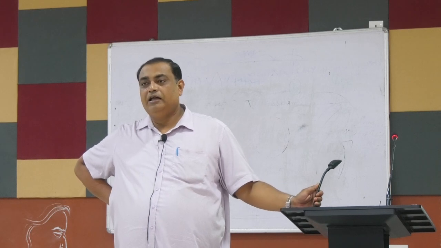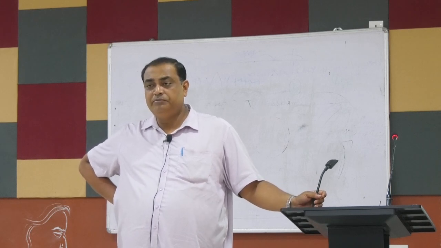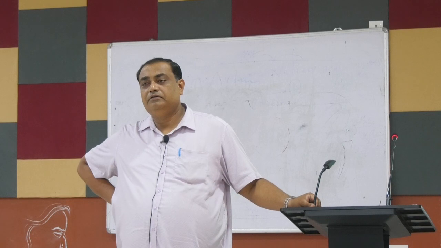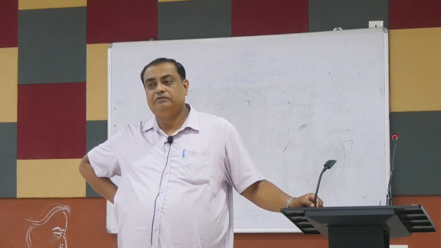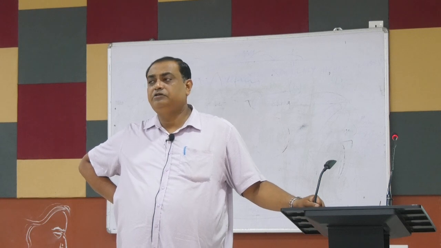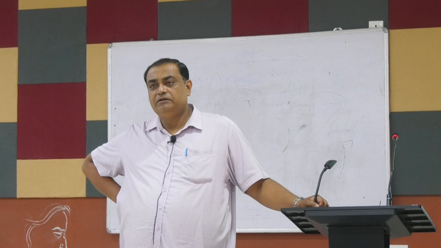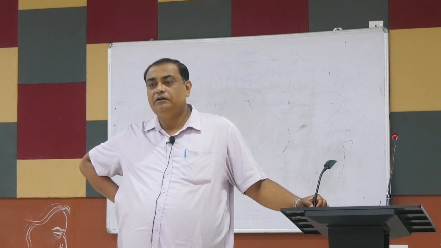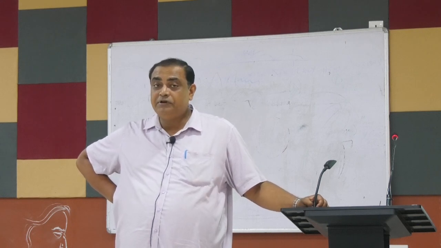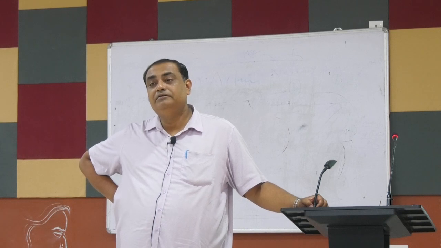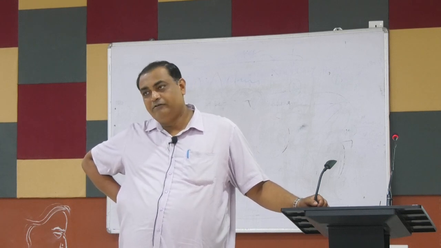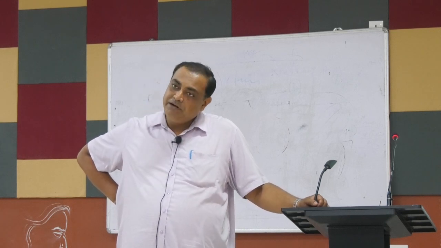Hepatic coma? Liver is not in the brain. Have you heard of a disease called meningitis? What is it? Inflammation of the meninges, the covering layer of the brain. So it's a brain disease.